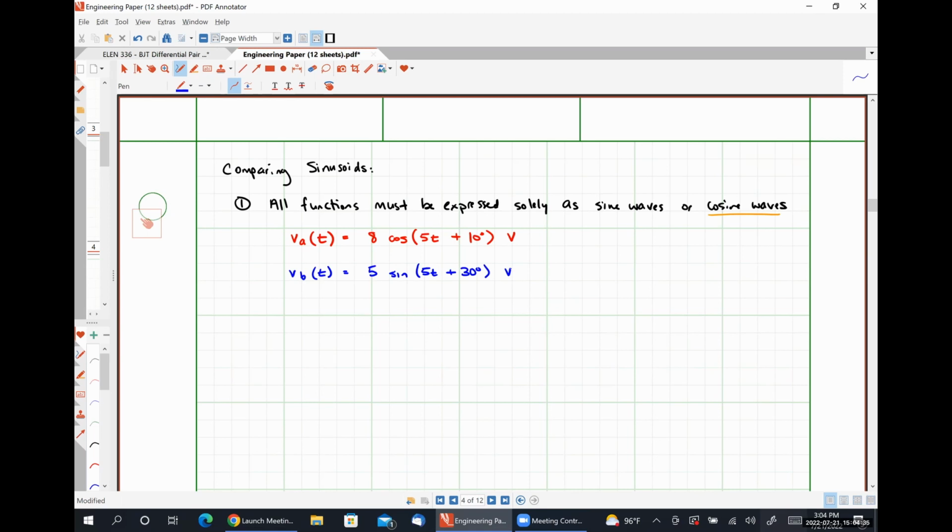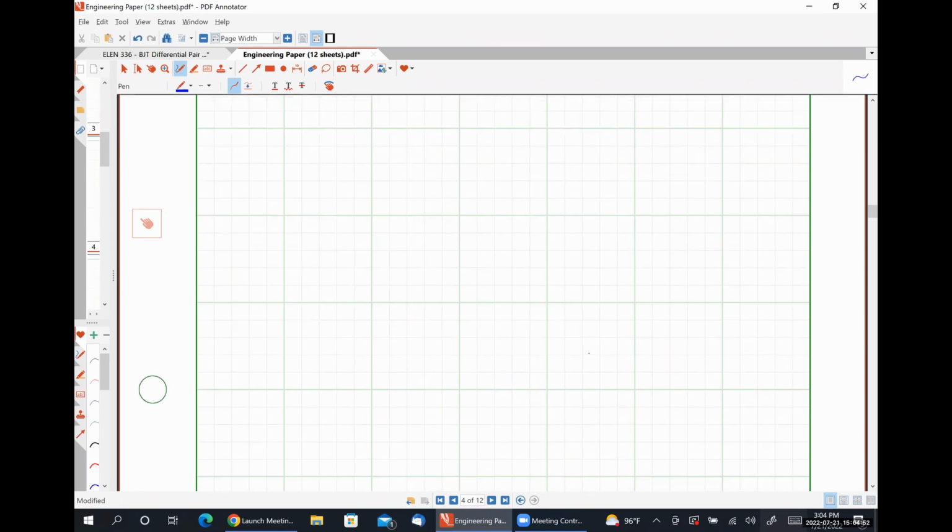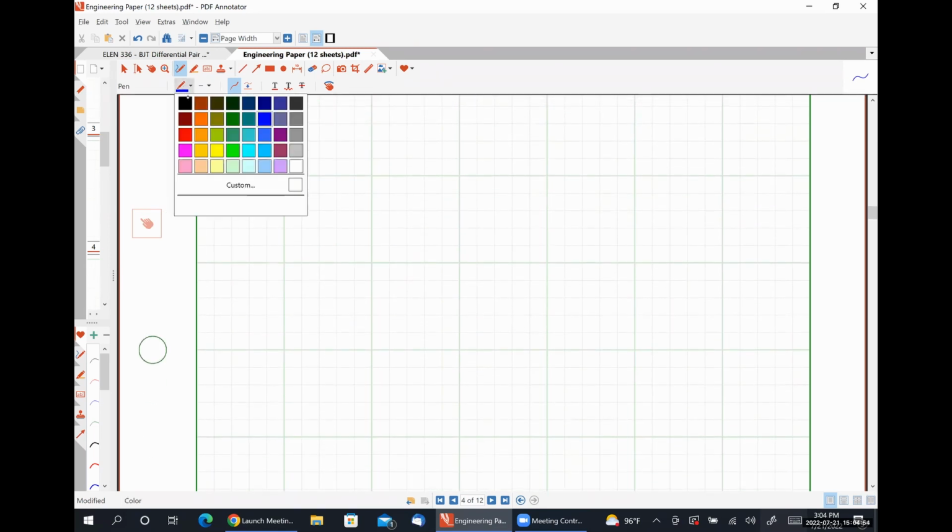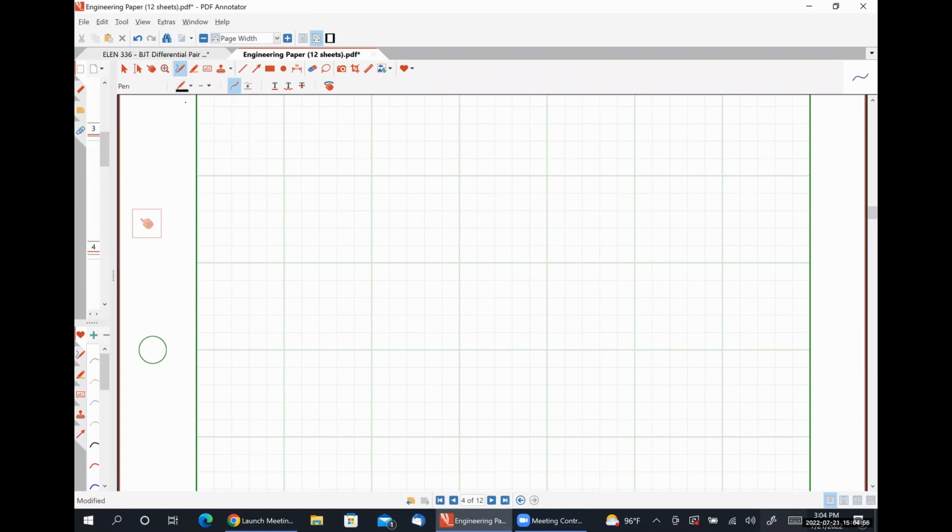So this leads us to 2 trig identities that we will use a lot in this class. I'm going to start my list of trig identities way down here because we're going to have like 10 of them.